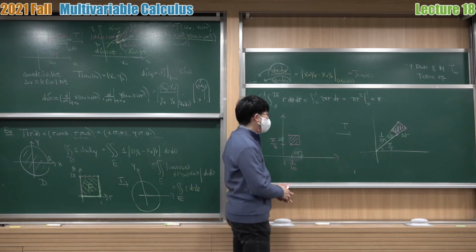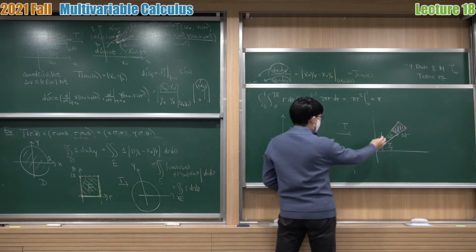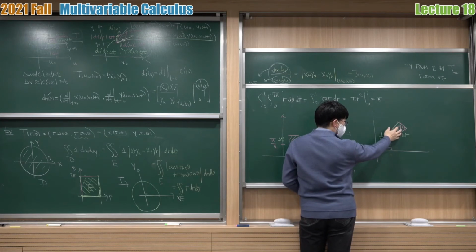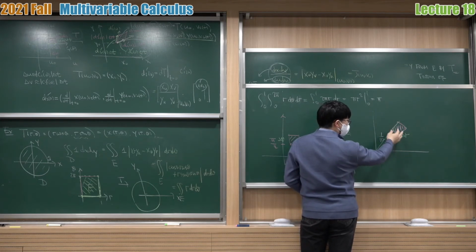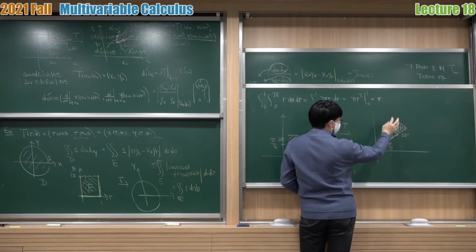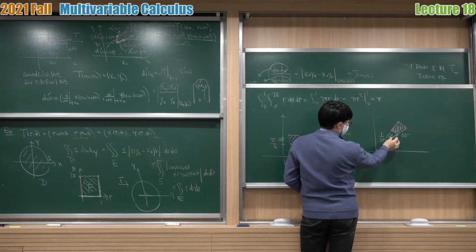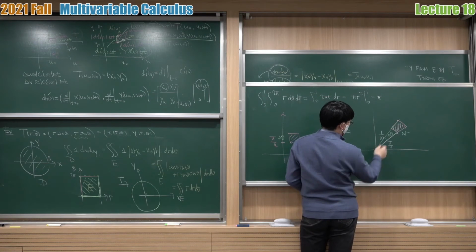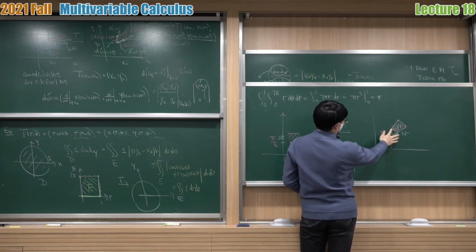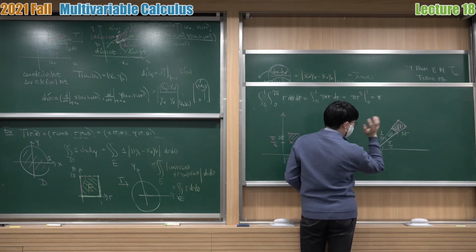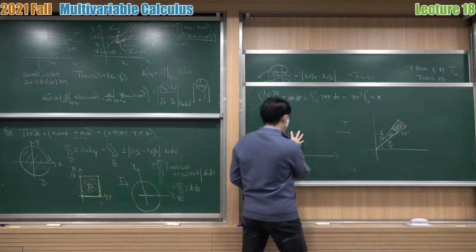Of course, you can find the exact area by using the formula, but that's pointless because we are going to take this dr and d theta almost equal to 0, and what we really need to know is the approximate ratio between this area and this area.